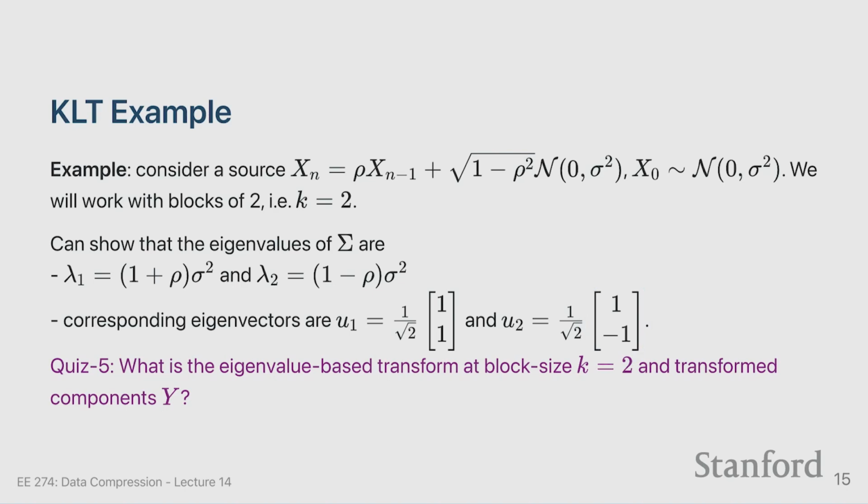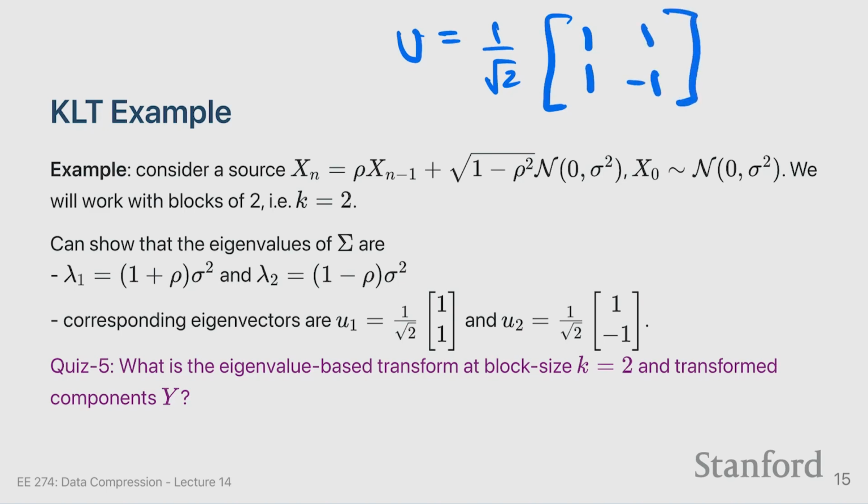So now, can somebody tell me what my transformed components are based on this KLT? We found the matrix U using this, so we found our transform. Now we can get the transformed components. Does anybody want to say what they are going to be? Remember, if you are still scratchy about your linear algebra, in this case your U matrix will look like 1 by root 2, taking that common, times 1, 1, which is my eigenvector 1, and 1, minus 1.